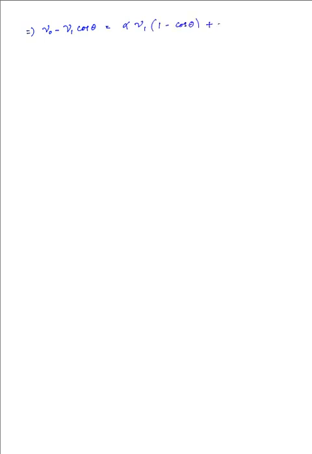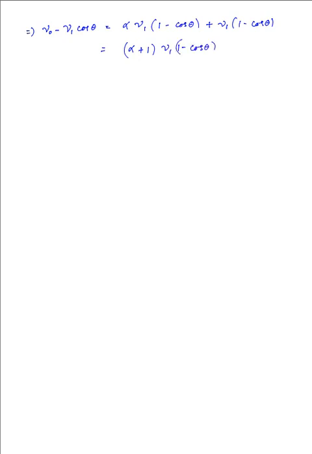Then we had another nu 1 minus cosine theta. So on the right hand side we simply have alpha, nu 1 goes as the common term, so does 1 minus cosine of theta. So we have simply (alpha plus 1) nu 1 times (1 minus cosine of theta).